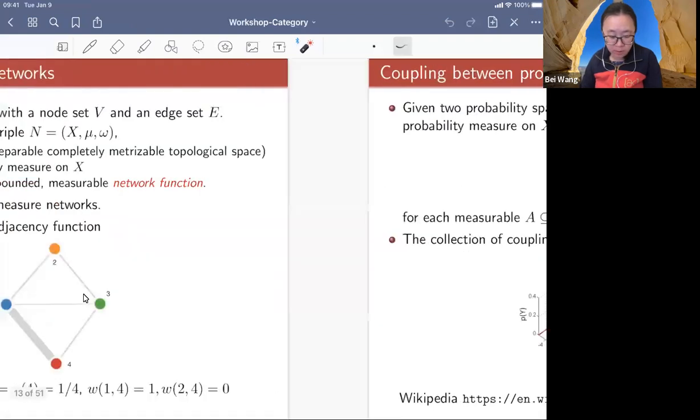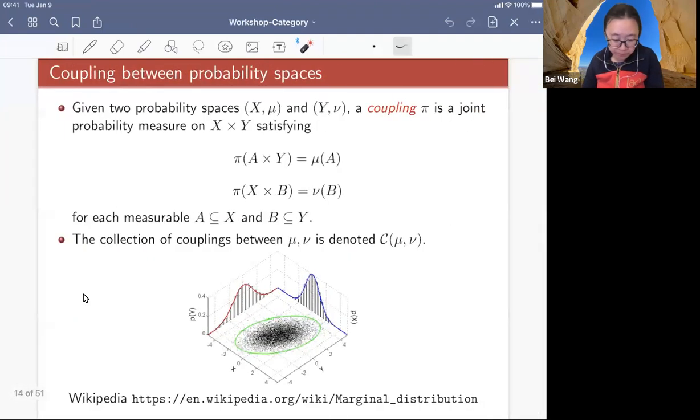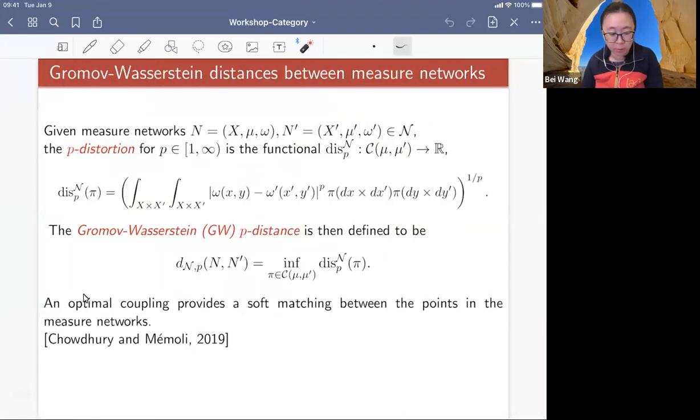So when you have a measure network, you can define what's called the Gromov-Wasserstein distance between measure networks. Again, you have a pair of measure networks. You can define the distortion, which is basically looking at omega, the network function, to the p-th power, integrated over the coupling between the nodes.